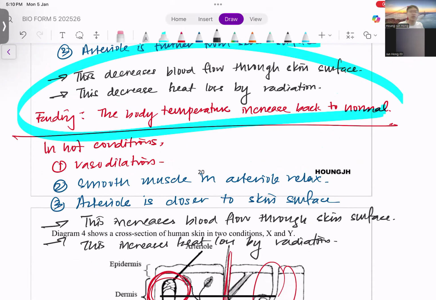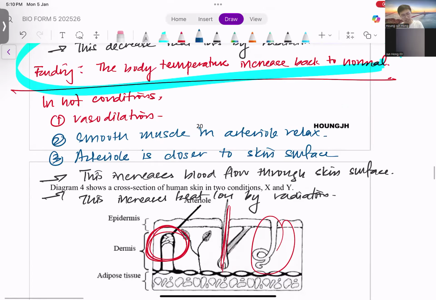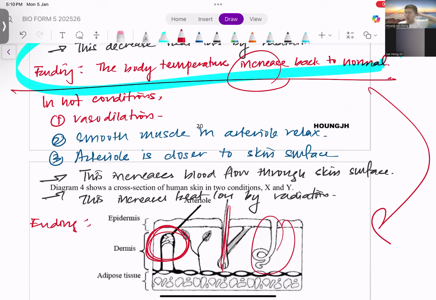And lastly, never ever forget, any homeostasis question must always end with a big happy ending. In this case, very simple as well. The happy ending just now was increase. Just copy it down, and change increase and decrease, without thinking too much. Just now was increase, now it goes to decrease. Of course, provided just now you made it correctly.